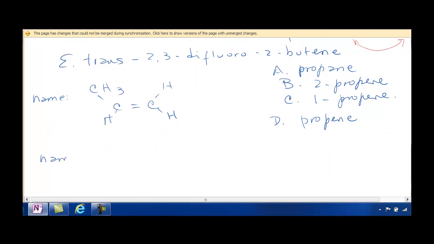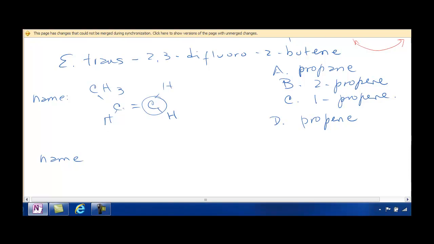Do I have cis trans isomers there? No. Why not? Because this carbon in the double bond does not have different groups. In order for me to have cis trans isomers, and if you didn't hear that, write it, because I say a lot of things and I don't write a lot of things. We're doing videos because that will record every statement I make. But some of you are still sleepy. We need another cup of coffee, and I need one myself.